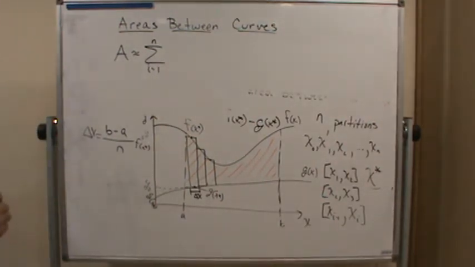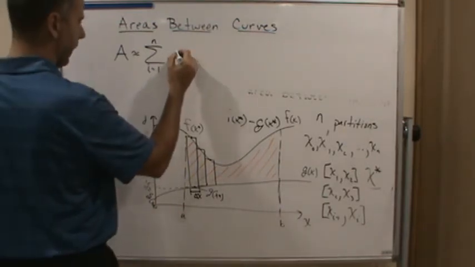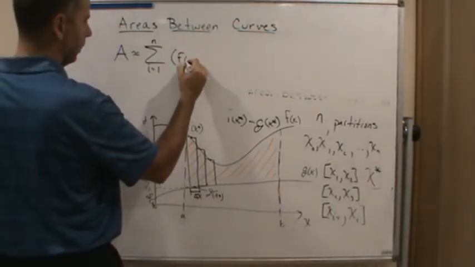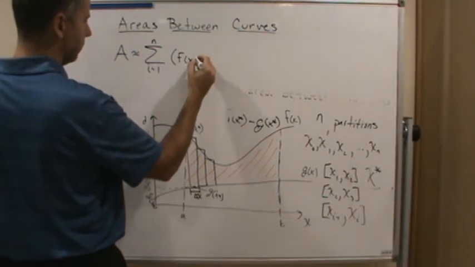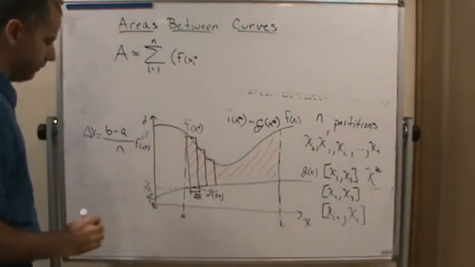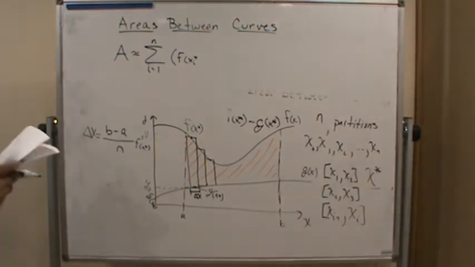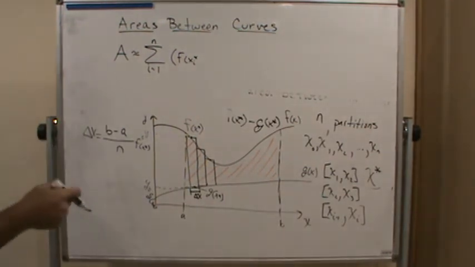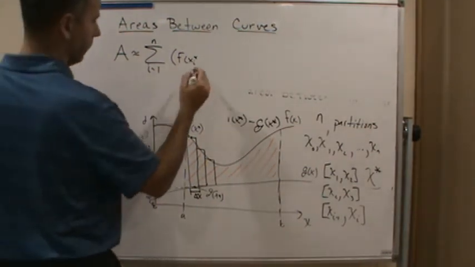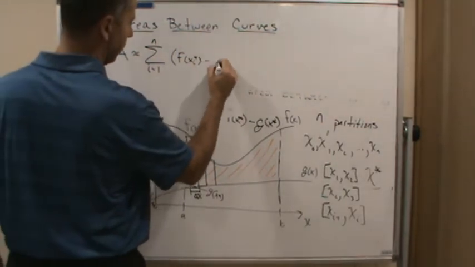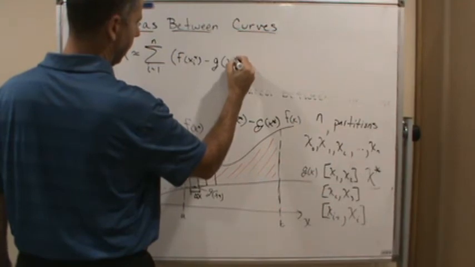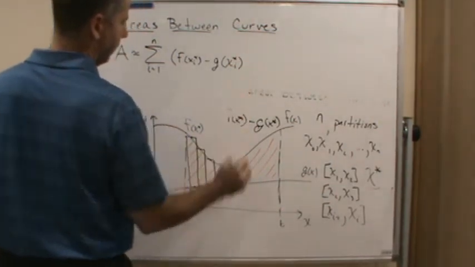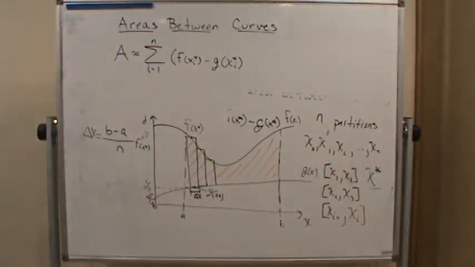And what's the height of each rectangle? That's determined by f of x sub i star minus g of x sub i star.